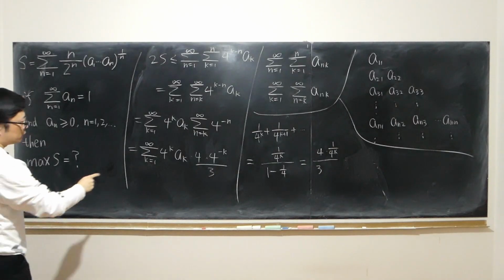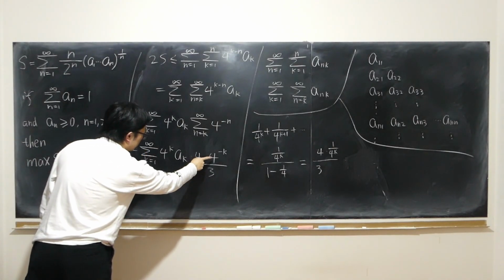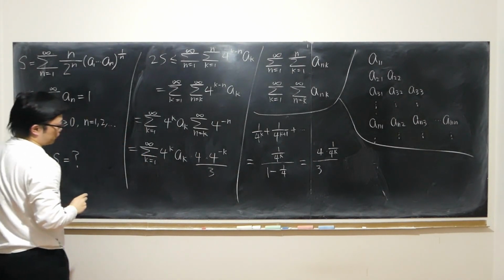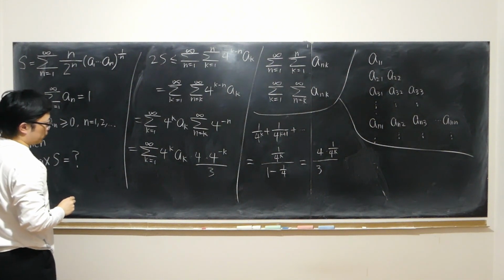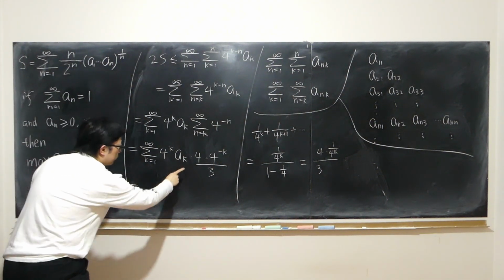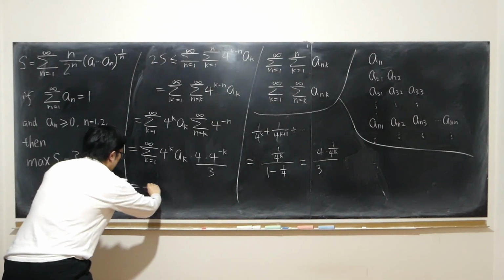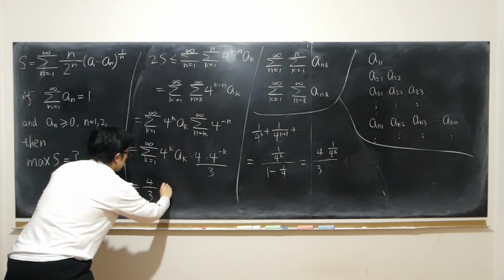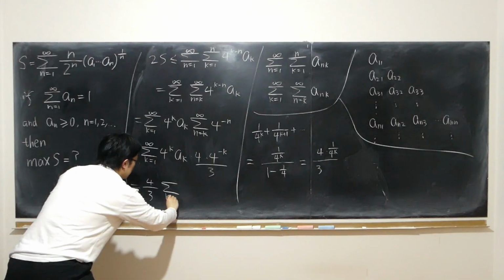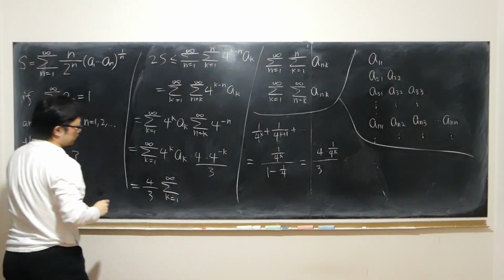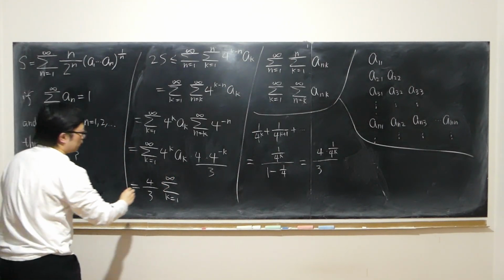Right? But this 4 to the power k and 4 to the power negative k can just become 1. Right? They will become 1. So 4 over 3, I just pulled this one out, times the sum k from 1 to infinity of ak.